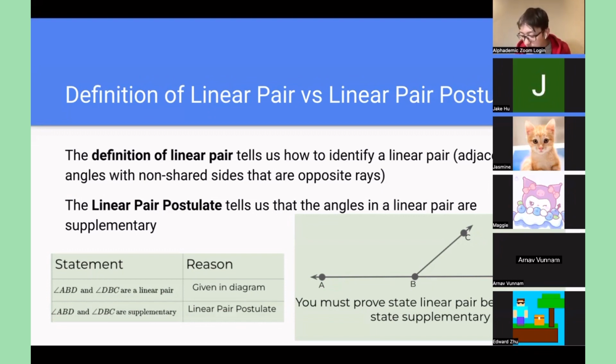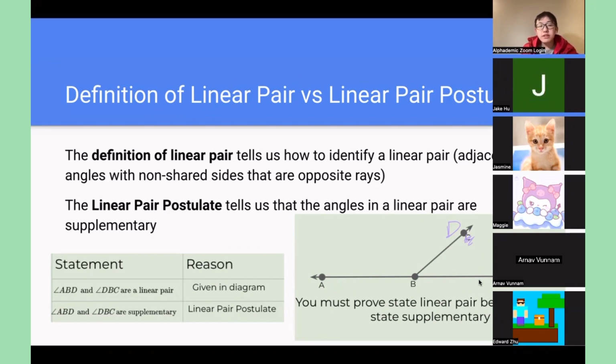For example, in this one, you see angle ABC and angle DCB. Sorry, that's a typo on my part. This should say ABD right here, not C. ABD and DBC are a linear pair, and this would be given.